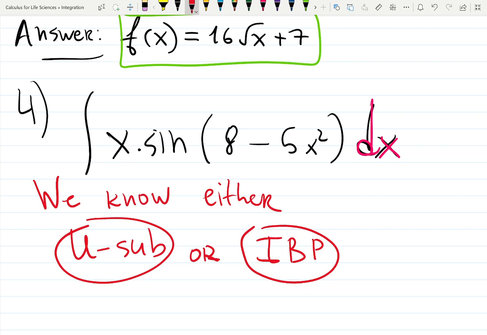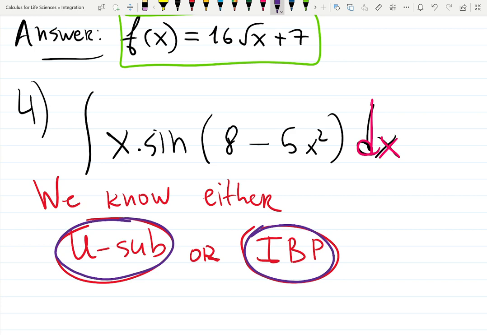Integration by parts says the 2 pieces should be completely not related. That's how you know that you shouldn't use integration by parts if pieces are not related at all. But if you see some piece looks like the derivative of another piece, you should do your substitution because it's undoing chain rule. So which one would you prefer? Integration by parts. So we have 50-50 basically.